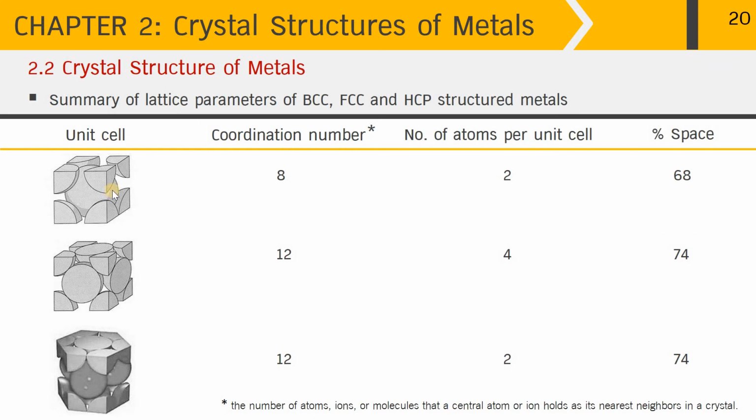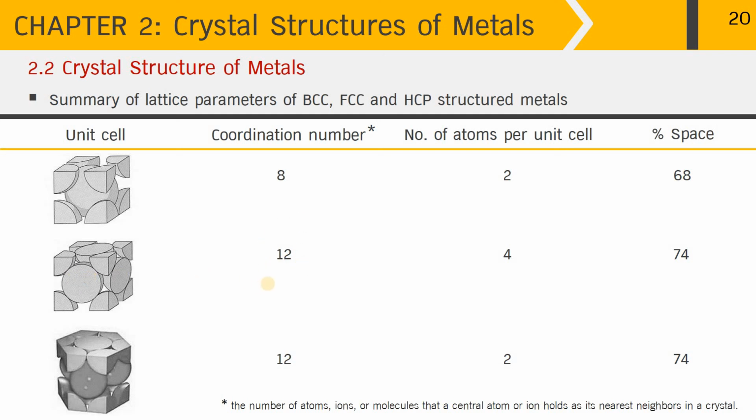Now this table summarizes the lattice parameters once again for BCC, FCC, and HCP structure metals in terms of coordination number, number of atoms per unit cell, and atomic packing factor, or the percent of space occupied by the atoms in the unit cell of the BCC, FCC, and HCP crystal structures. First let's consider the FCC structure.